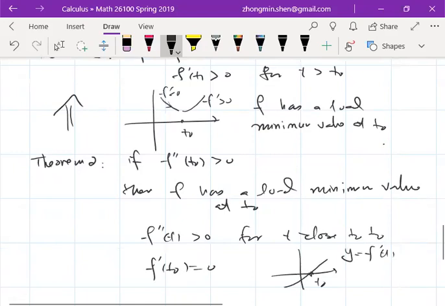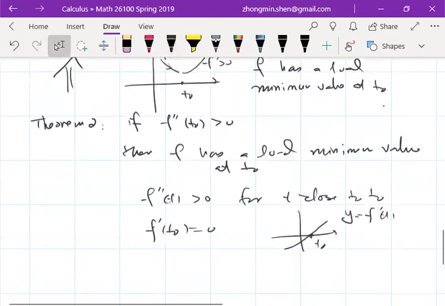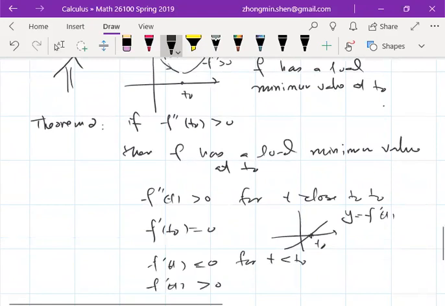Increasing means on the left hand side of t naught, f prime t should be negative, for t less than t naught, and on the right hand side, the derivative should be positive. That's why the second theorem implies the first one.